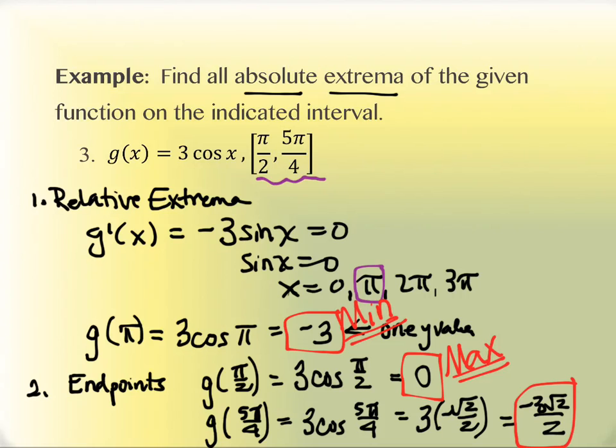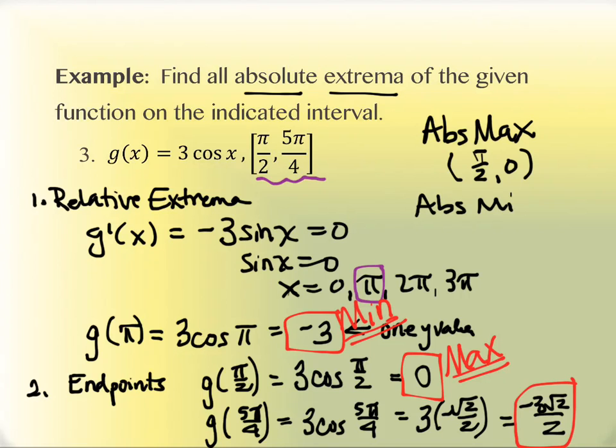So my answer is that my absolute max is pi halves, 0. And my absolute min is pi, negative 3.